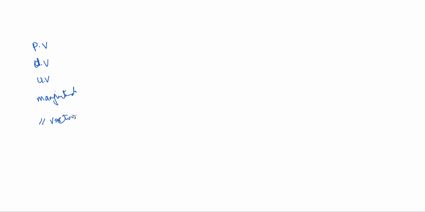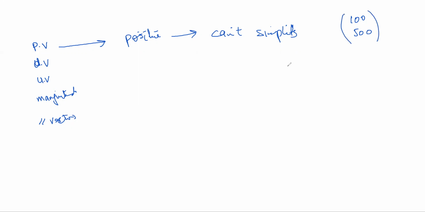The position vector is to determine the position of the vector. If you see a very juicy position vector, suppose you have a vector 100, you're tempted to simplify this, but you will not simplify it because this is a position vector. We can't do anything with this.